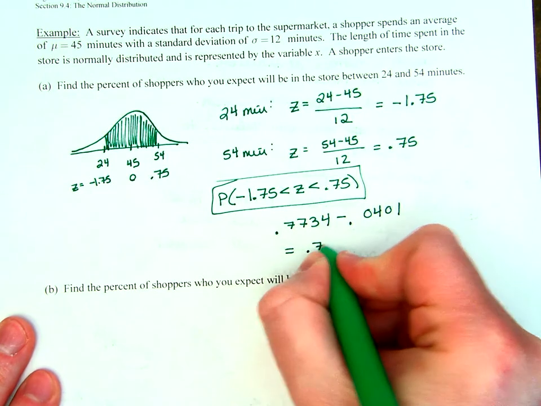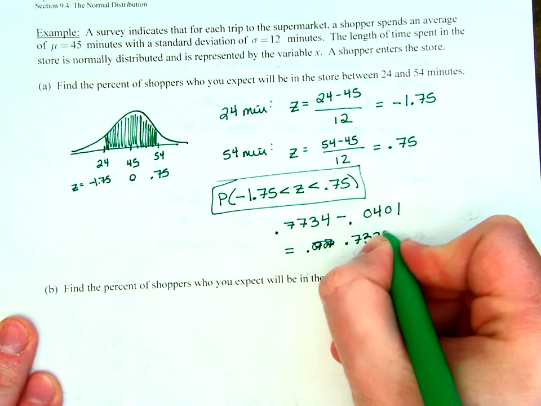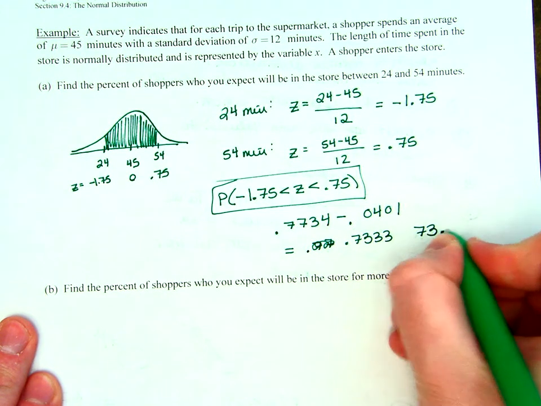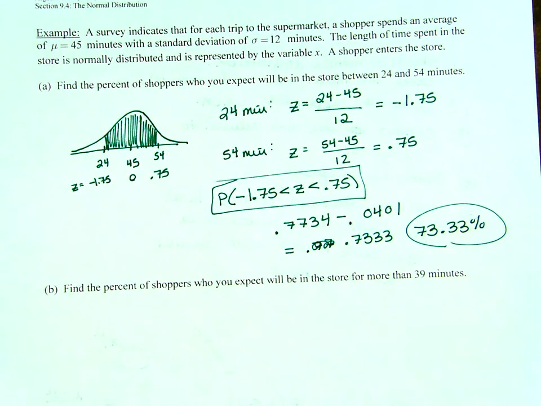Calculator. That's 0.7333. So I can predict about 73.33% of people would be in the grocery store between 24 minutes and 54 minutes.